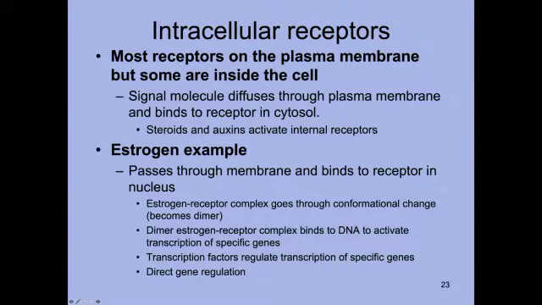This estrogen complex will eventually move into the nucleus, and it will bind to DNA in order to activate the transcription of other specific genes. Transcription factors regulate which genes are turned on and which are turned off. So the estrogen receptor oftentimes becomes a transcription factor when it binds in the cell. This is a form of gene regulation that is referred to as direct gene regulation.